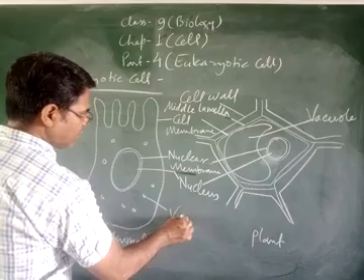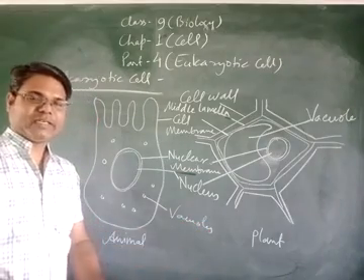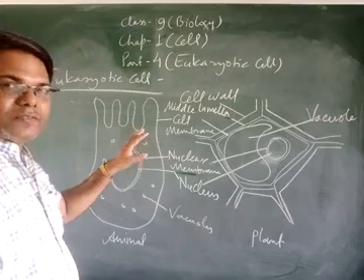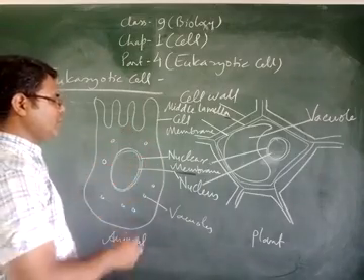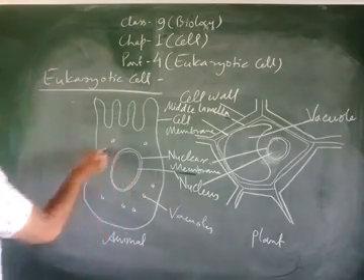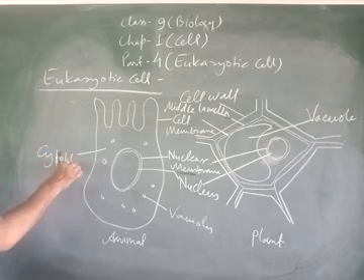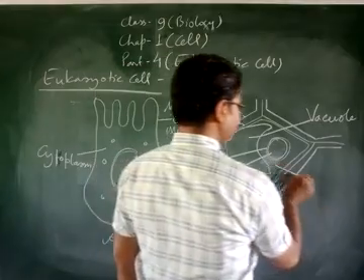These are vacuoles which may or may not be present. All these structures of the cell are present inside the cytoplasm, which is present in the cell. This is actually the cytoplasm, which is present inside the cell.